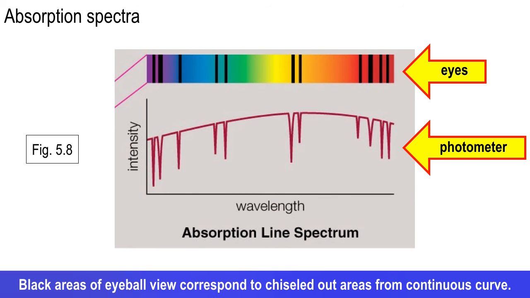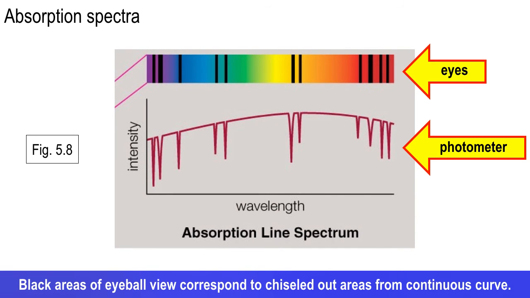If you look at this gentle curve in which all the little chips are chiseled out, that's the continuous spectrum. That's Roy G. Biv up there. And these are the colors that are missing. In the sun, that's what we have, because there's an atmosphere above the sun that absorbs a little bit of the colors, or actually quite a few of them.